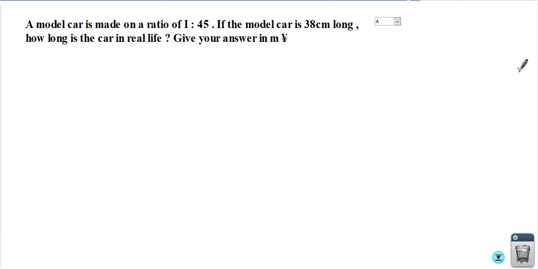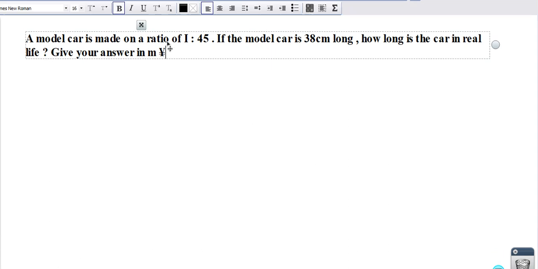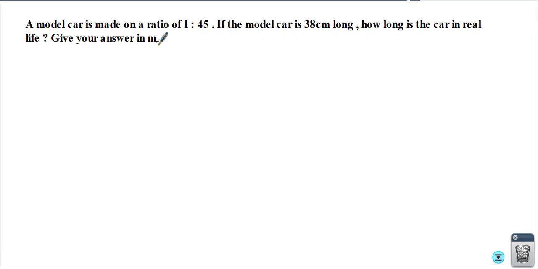So, what are we going to do? We're going to start, as usual, from the ratio. We have a ratio of 1:45. As usual, I always write down this. You should do the same.